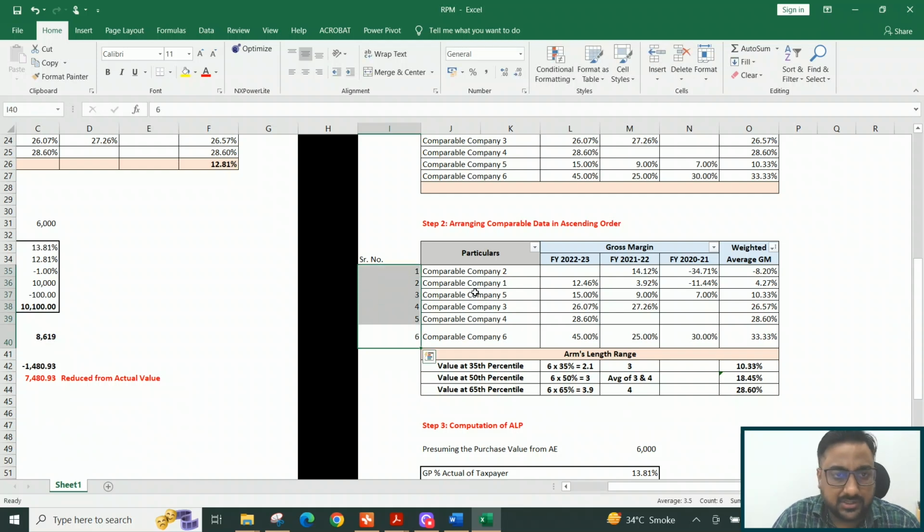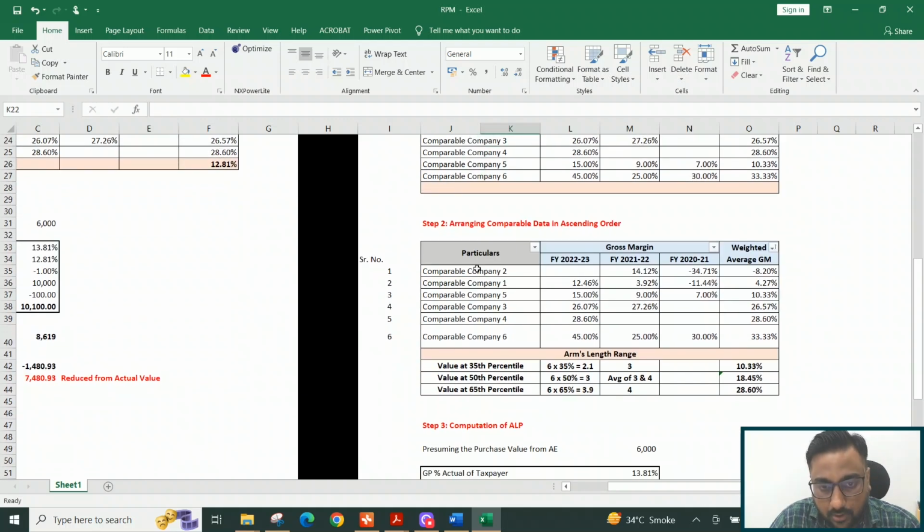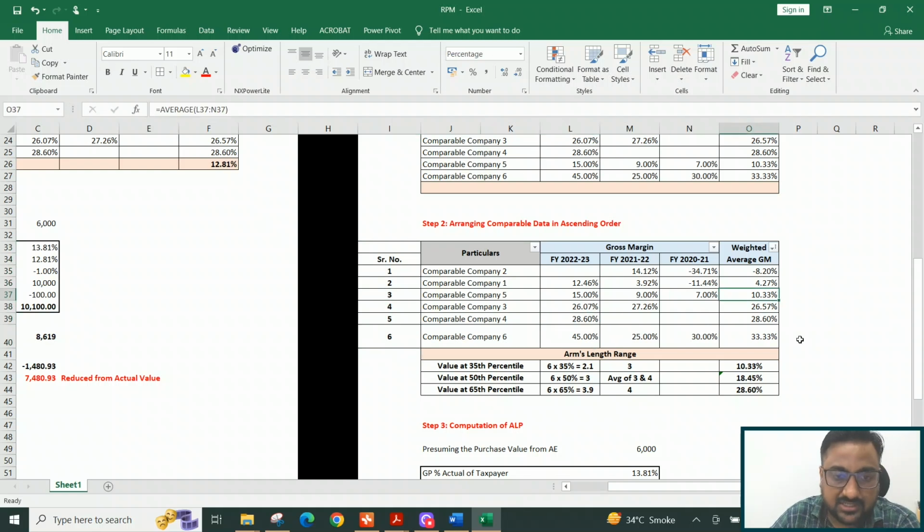First of all, I will arrange this entire data set, which was raw before, into an ascending order data set, and appropriately I will give them a serial number. Once I give them serial numbers, I'll come to know what type and what amount of arm's length price is lying at a particular value. So again, to find that arm's length range, I have to determine the value at the 35th percentile.